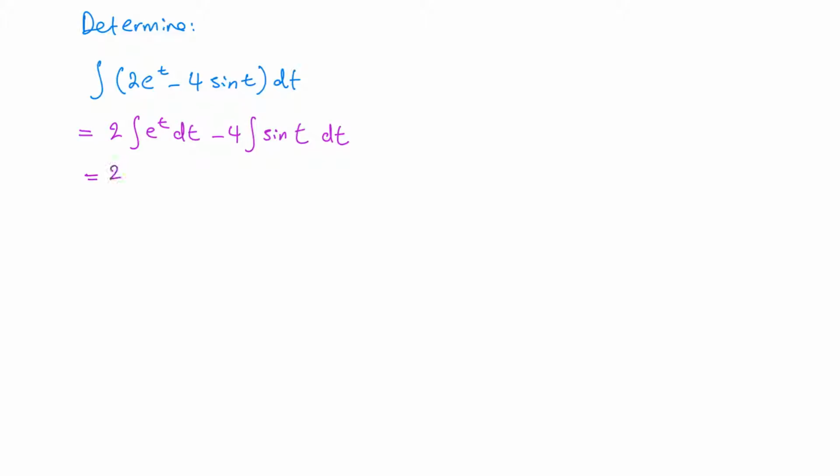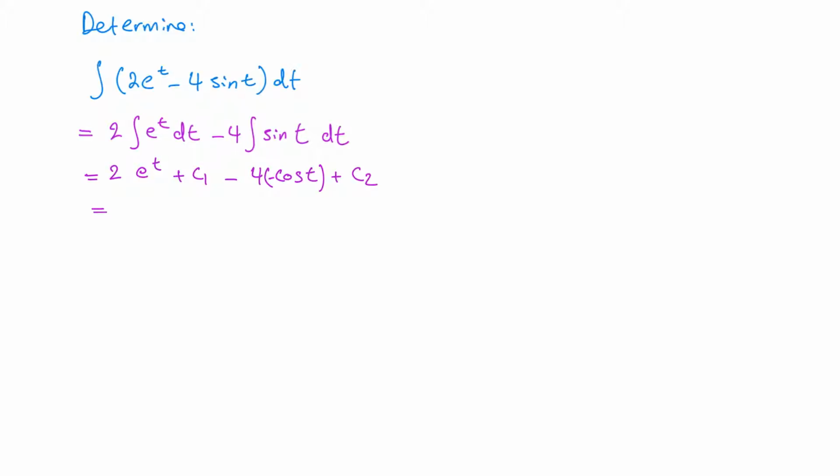So now I get 2 integral of e^t is just e^t plus my first constant, minus 4, and I have sine t, whose integral is negative cos t actually, to be more accurate, plus c2.